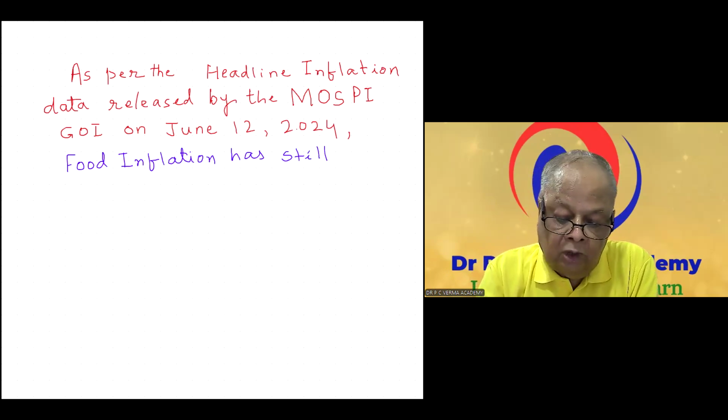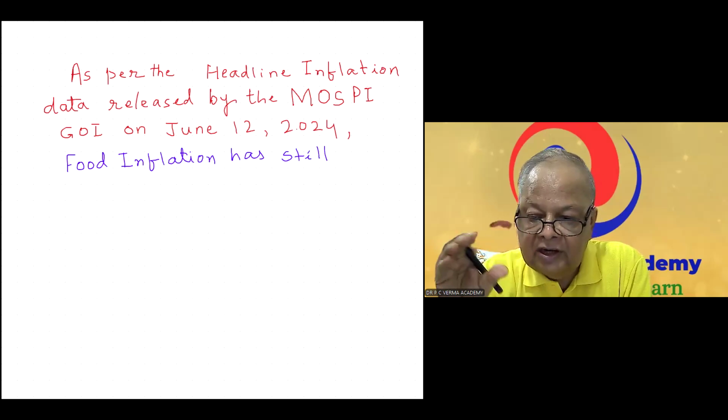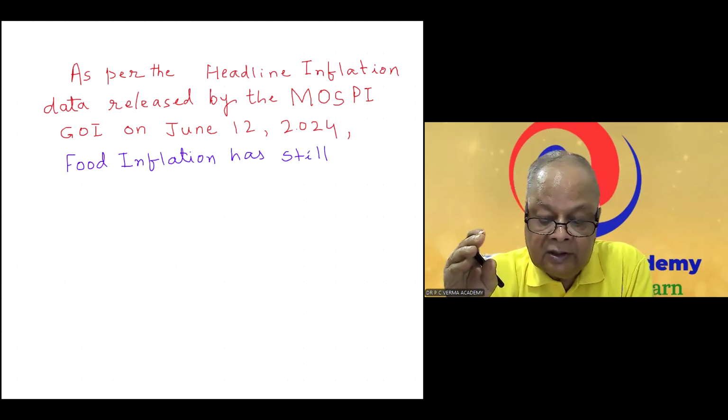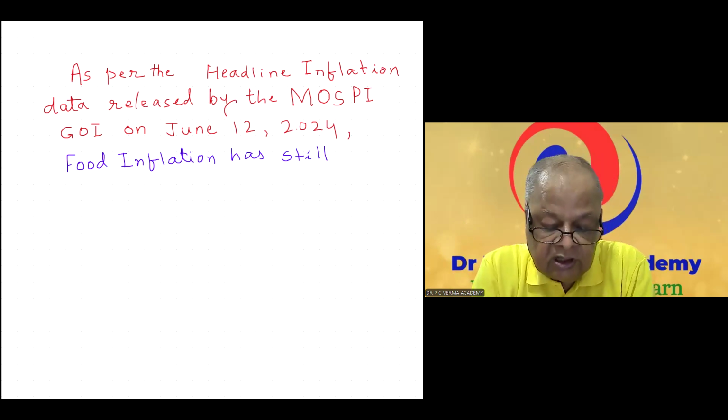So there is a double-sided adverse effect: private consumption expenditure is falling, and at the same time the share of private final consumption expenditure is also declining, indicating a fall in the consumer expenditure on goods and services in the economy as a result of persistent and sticky inflation.